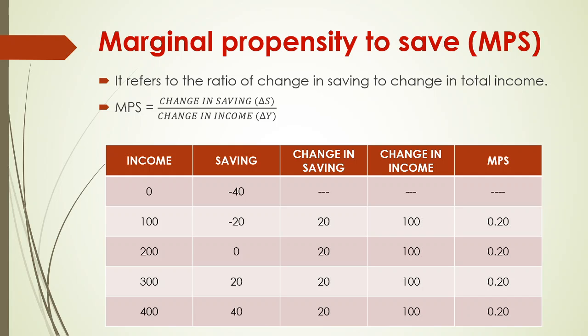If the entire additional income is saved, that is del C is equal to 0, then MPS will be 1. And if the entire additional income is consumed, that is del S equal to 0, then MPS will be 0. So the value of MPS varies between 0 and 1. Okay, so keep it in mind.